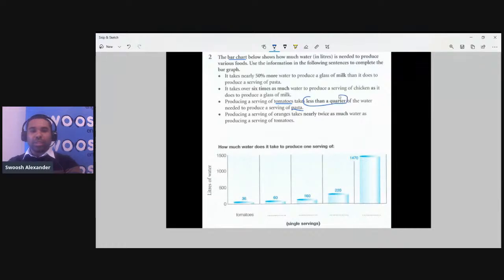Of the water needed to produce a serving of pasta. So the serving of pasta then will require more than 4 times the amount of water to produce a serving of it than is required for tomatoes. So which one then of these values relates to pasta?